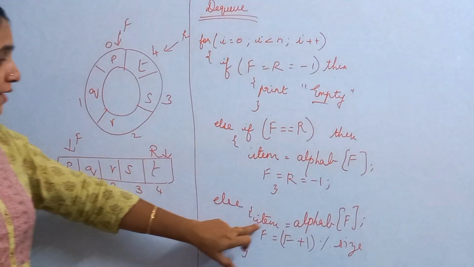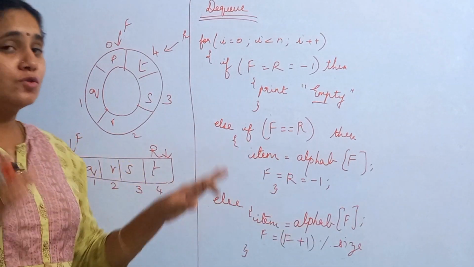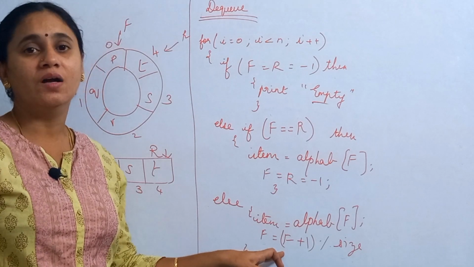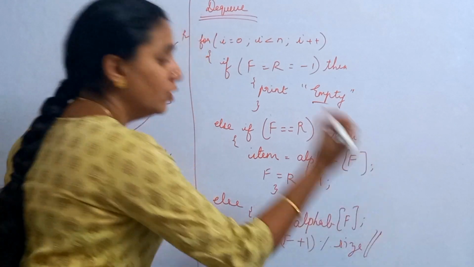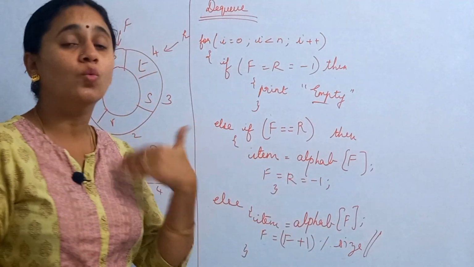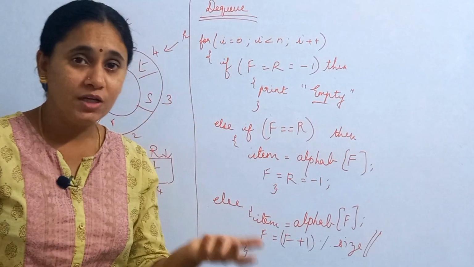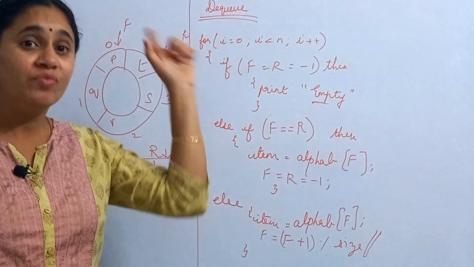Now item is equal to alphabet of f and we increment the front pointer. What is the formula for incrementing the front pointer? Front is equal to front plus 1 modulo size. Please make a note of it. It is used for incrementing the pointer by exactly one location, even if there is a possibility of the pointer reinitializing to the first location.